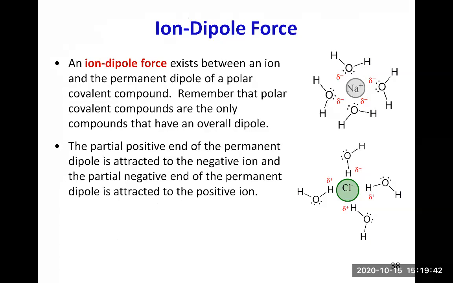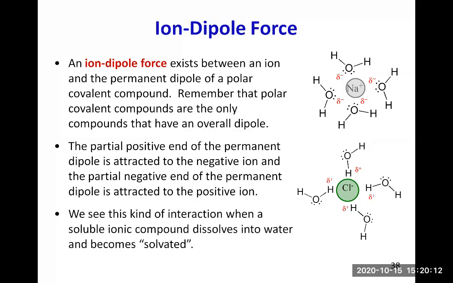For example, if sodium chloride is dissolved in water, the water molecules orient their oxygen atom towards sodium, because the oxygen carries the partial negative charge. And then the hydrogens that carry the partial positive charge will orient themselves towards the anions, the chloride ions, if you have NaCl dissolved in water.